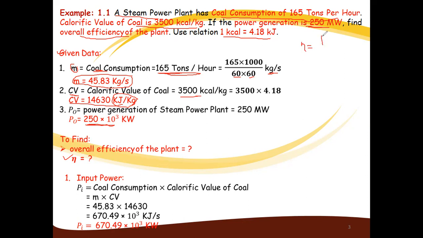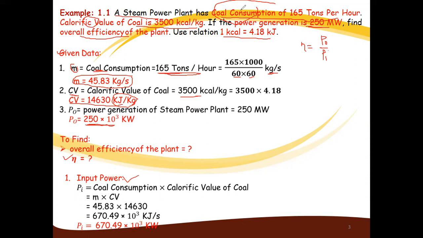So we have to find the output power, then the input power, and from that we can find the efficiency of the power plant. First, what is meant by input power? It is what is input given to the steam power plant. It is the coal consumption and calorific value of the coal, that is, the fuel supply to the steam power plant.